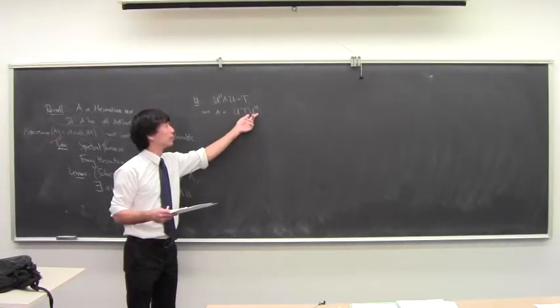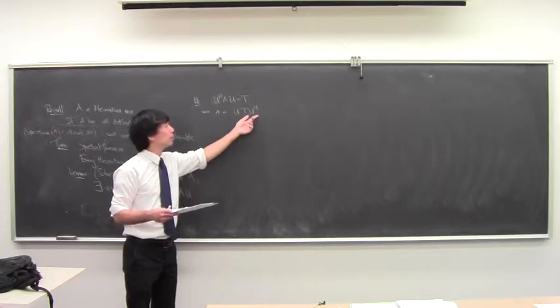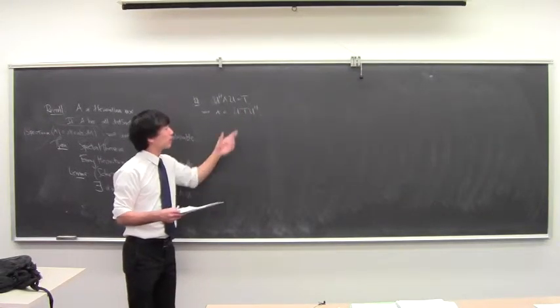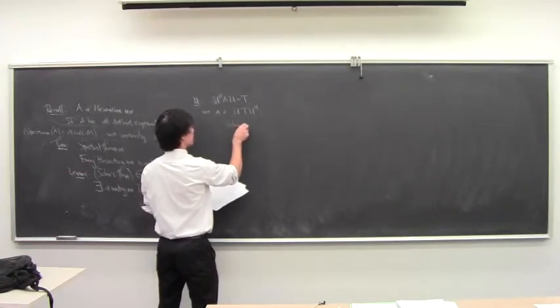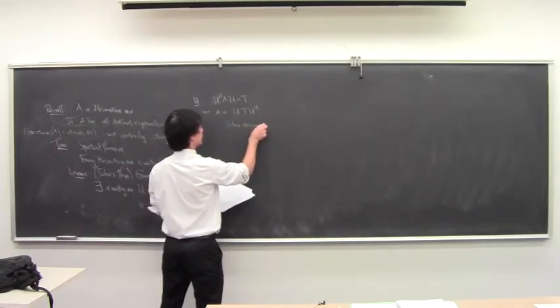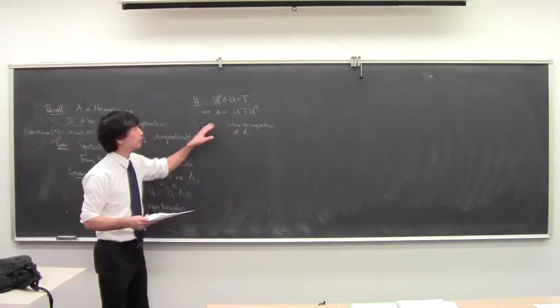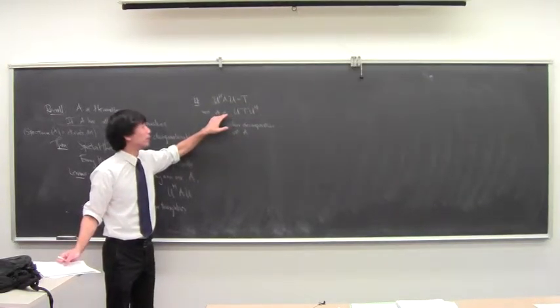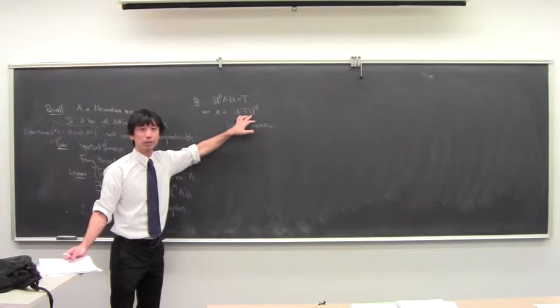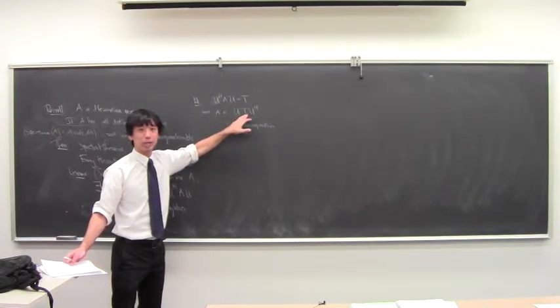Remember that the inverse of a unitary matrix is the conjugate transpose. This is called the Schur decomposition of A. You've basically factorized your matrix into a product where the middle guy is triangular, and you've conjugated it by a unitary matrix.